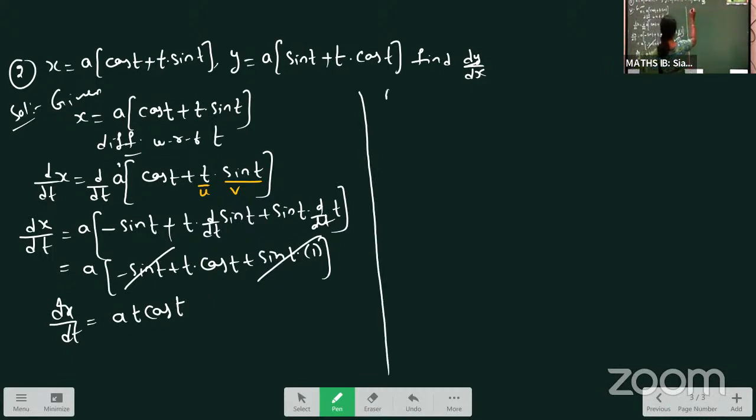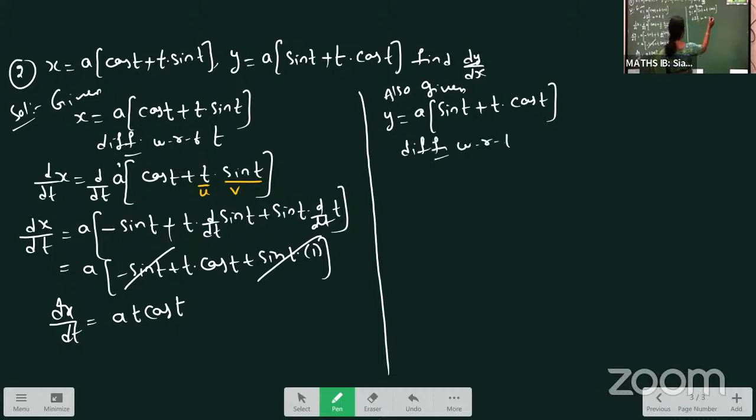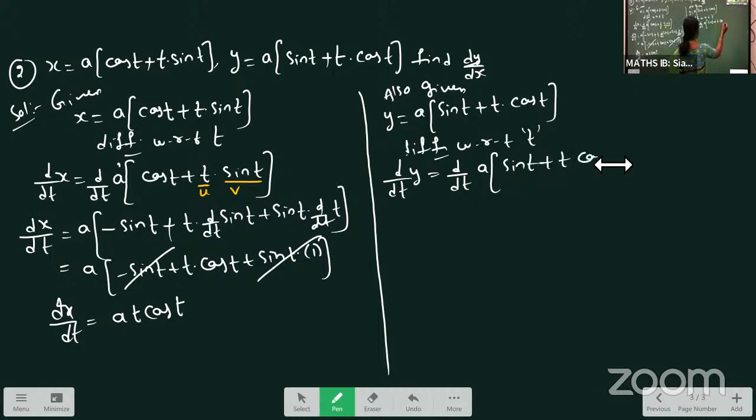Similarly, also given y is equal to a into sin t plus t cos t. Same type, differentiating with respect to t. d by dt of y is equal to d by dt of a as it is, into sin t plus t into cos t. Again here there are two terms in t into cos t.